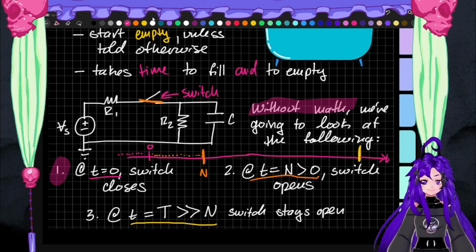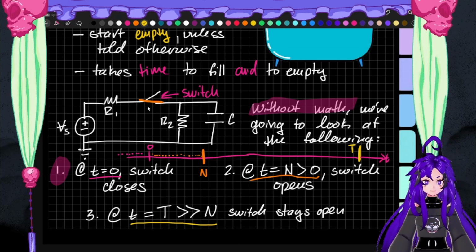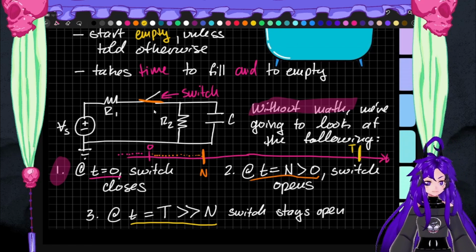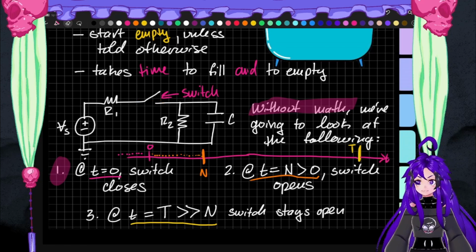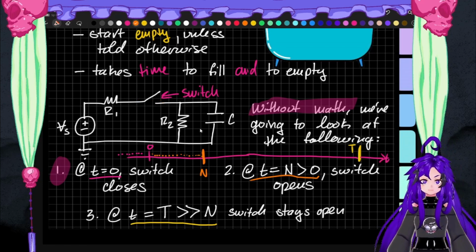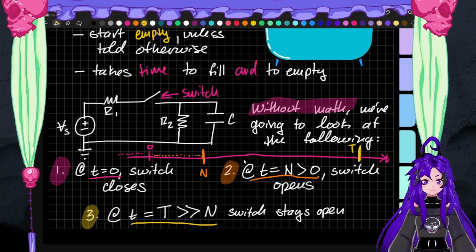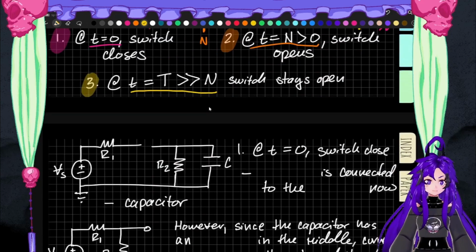That's still t, and this one is capital T. And the switch will stay open. So this will suddenly disconnect and suddenly not change for the rest of time. These are three very different states, and we're going to explore why they are different states for this circuit to be in.